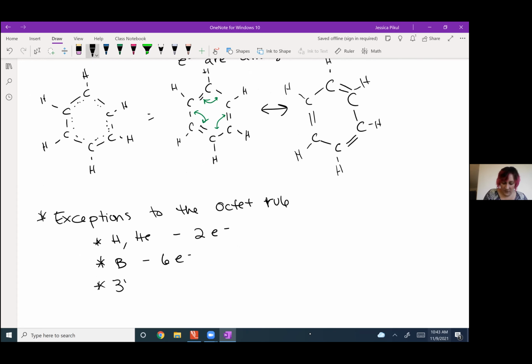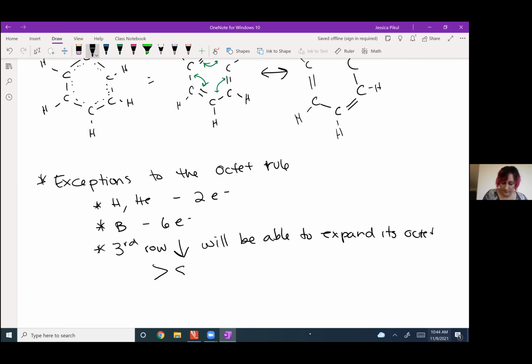And then everything in the 3rd row and below will be able to expand its octet, which means it can have greater than 8 electrons around it. And what it's doing is using the empty d orbitals to expand that octet and have more electrons.